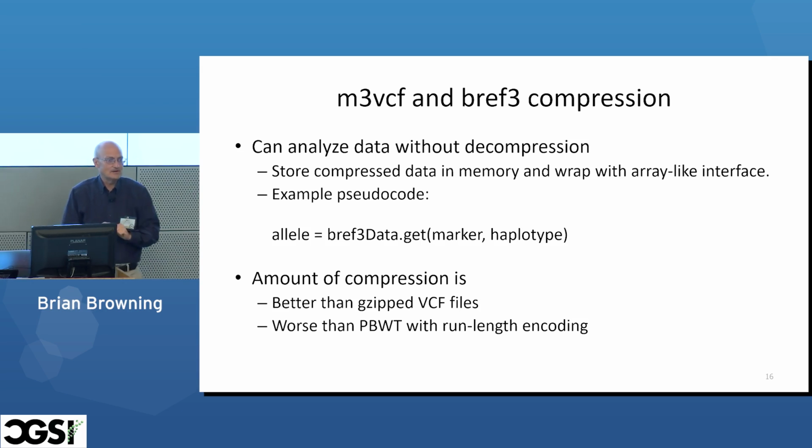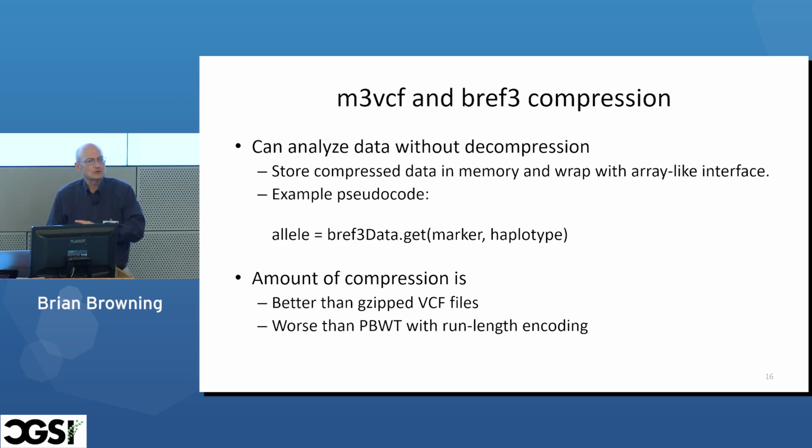And behind that interface, instead of 2 array accesses, which is what you'd need to access a 2-dimensional matrix, there's 3 accesses going on if it's in M3VCF format. 1 array access goes from the marker to find the window it's in. The 2nd array access goes from the haplotype to find the unique haplotype sequence in the window. The 3rd array access pulls out the allele on that unique haplotype index.